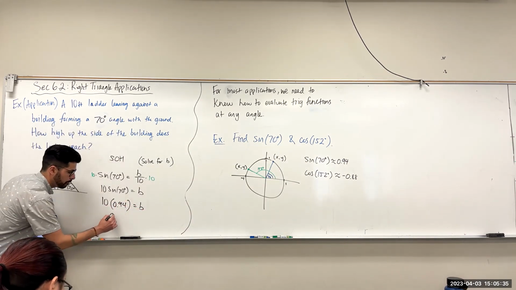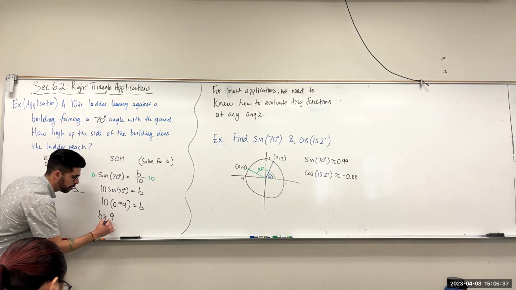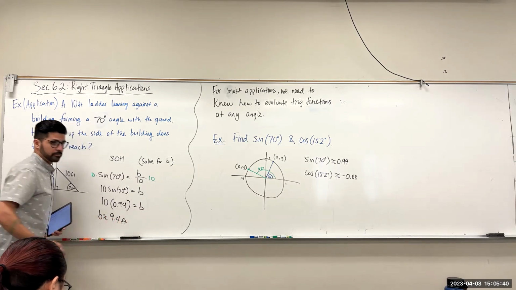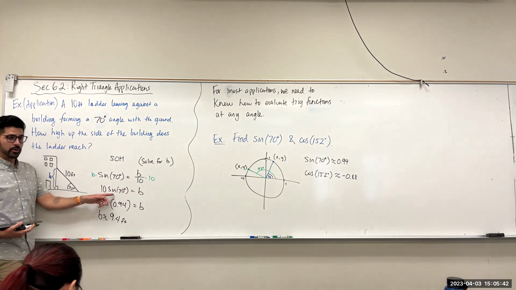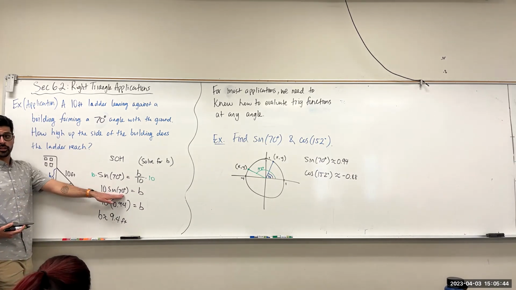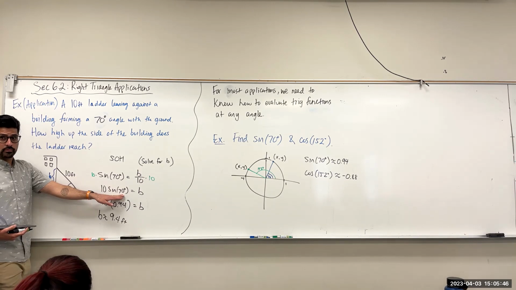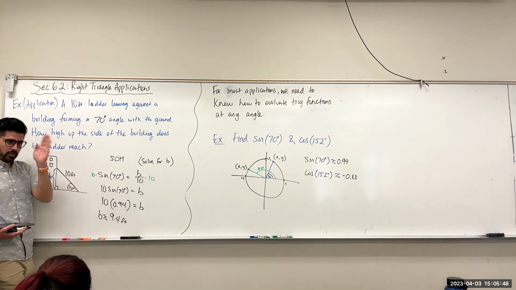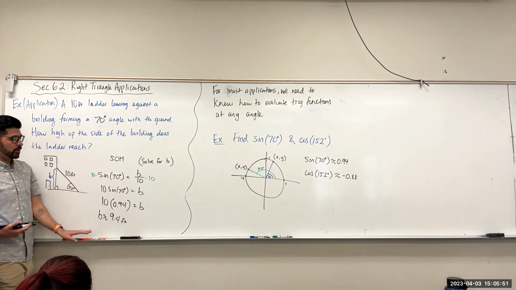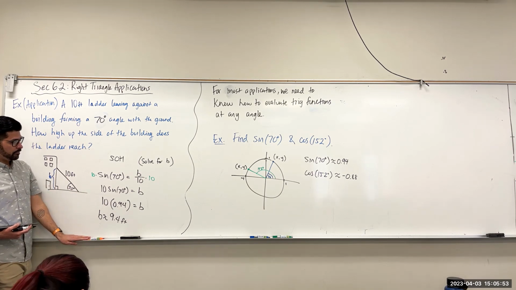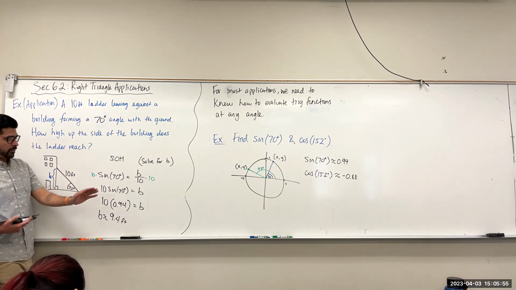That would give me approximately, B is approximately 9.4 feet. You would just use your calculator for that, but be careful that you're in the correct unit, degrees or radians. Okay? That's it.